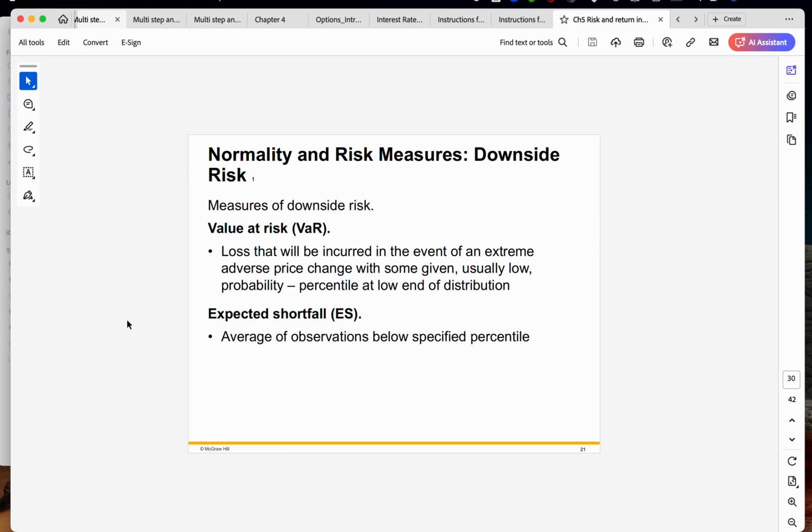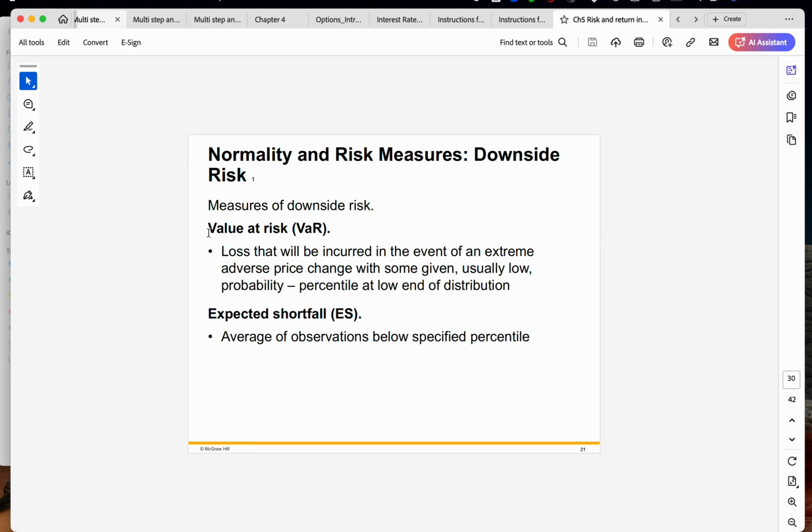If you order all of the observations, all of the historical returns, or the simulated future returns, what will be the 5th worst observation? Meaning, if you look at, let's say, 5% value at risk, you are looking at what is my worst loss at 5%, or what's my 5th percentile of the distribution. So you're looking at that downside risk.